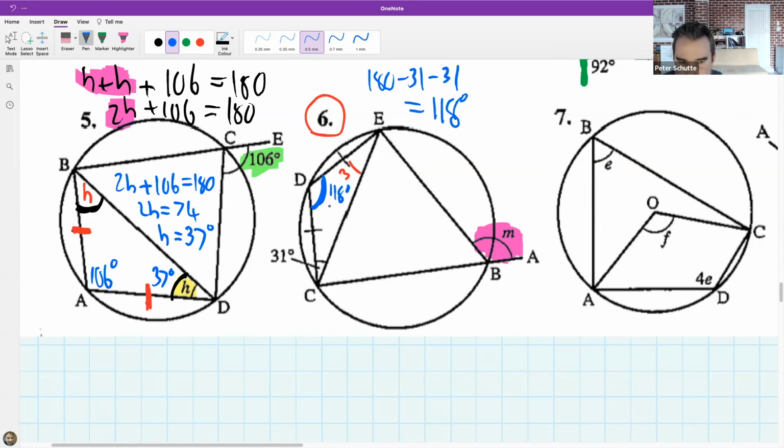But what is the relationship between D and M? It looks to me like M is the exterior angle, and D is the interior opposite of the cyclic quad, a CDEB. And so then M must be equal to 118. Yeah, exactly. Awesome.